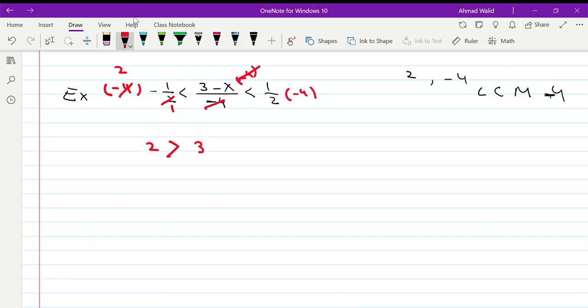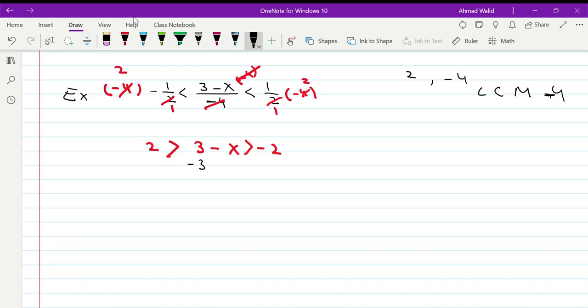I have here 3 minus x. Again, 2 goes 2 times to negative 4. 1 times negative 2 gives you negative 2. But flip the sign, please. You see? Now it's the same thing that you had in the first example.